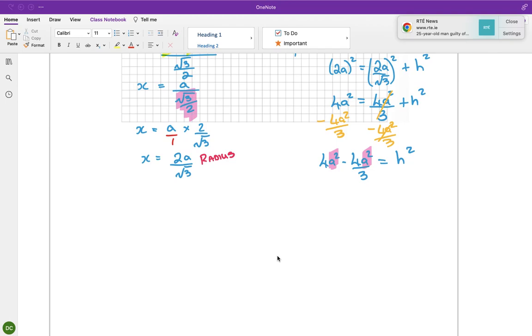So I get 8 over 3 a squared equals h squared, and then square root. That gives me the square root of 8 over 3, the square root of a squared, and that equals h, which is the square root of 8 over 3. This is just a, and that's h.